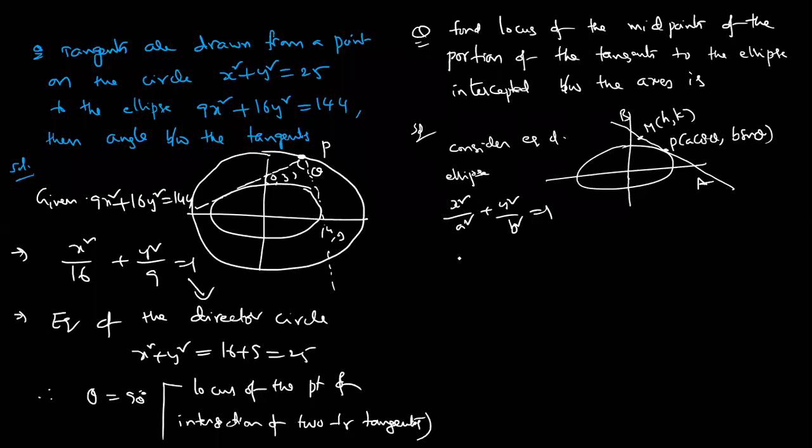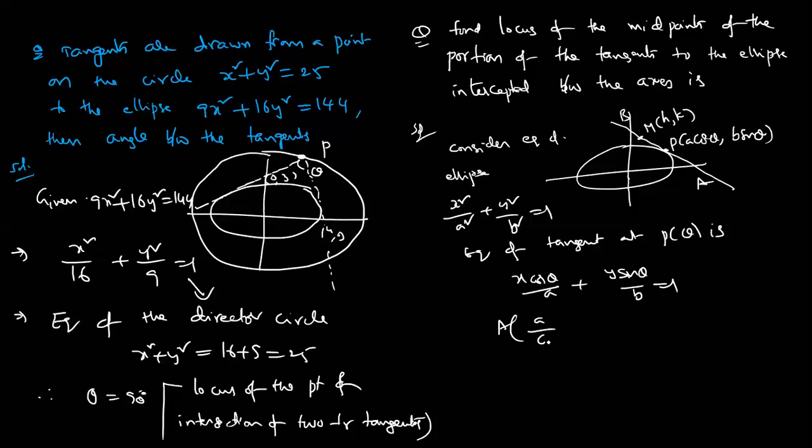What is the equation of the tangent at P of theta? It is x cos theta by a plus y sin theta by b is equal to 1. So what are the coordinates of A and B here? A is (a by cos theta, 0) and B is (0, b by sin theta).